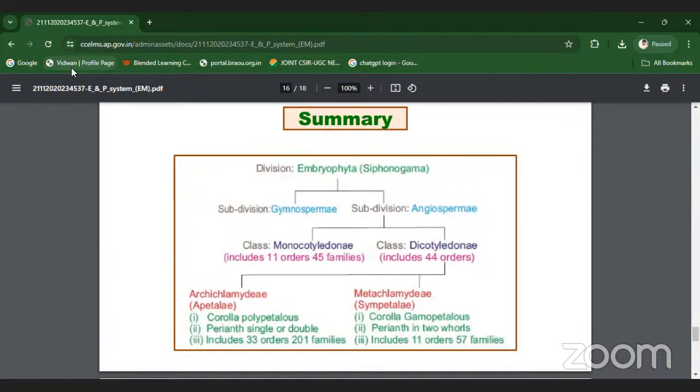Not only that, some endosperms have haustoria and a few are without haustoria. And also the seeds may be albuminous or exalbuminous, that means endospermic or non-endospermic seeds. They are all taxonomic aids to classify different plants.